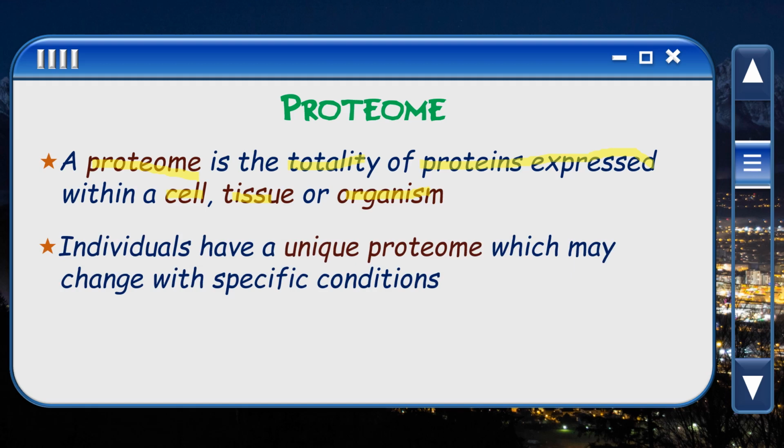Now, individuals have a unique proteome, which may change with specific conditions. So the types of proteins that are expressed in a particular cell or organism may change with the change in specific conditions.